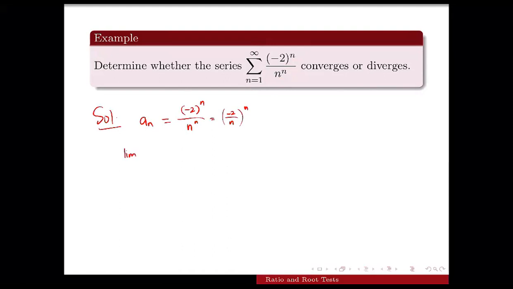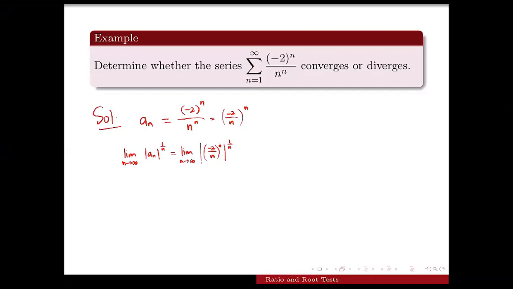But now we have the limit as n approaches plus infinity of the absolute value of a sub n raised to 1 over n, which is the limit as n approaches plus infinity of the absolute value of negative 2 to the n over n to the n, everything raised to 1 over n.